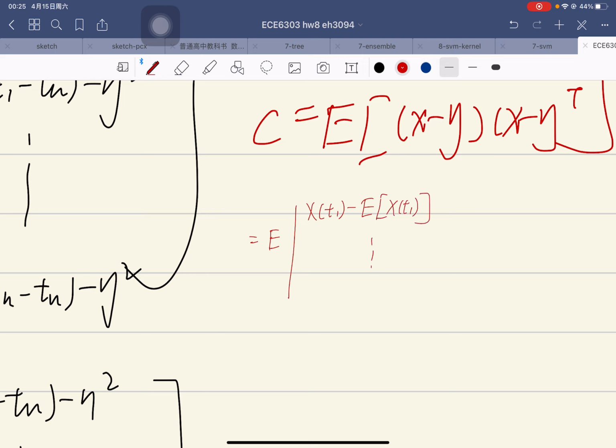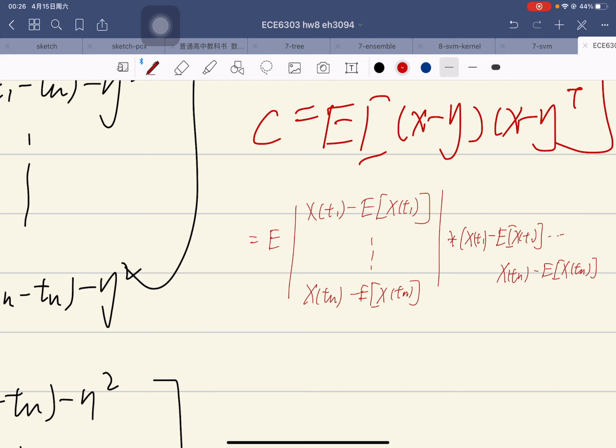So after calculating, when we multiply them, we got the expected value of Xt1 times Xt1, minus 2 eta Xt1, plus eta squared, which we can rewrite as R(t1, t1) minus eta squared. And after we do all the calculation, we can see it's this one.